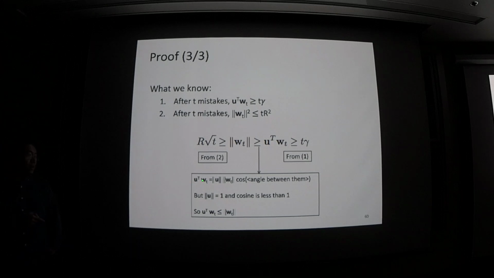Then u transpose w_t must be negative, and then it must be less than norm of u times norm of w, because this product is always positive. If the angle is less than 90 degrees, then this value is between 0 and 1, so still u transpose w_t will be less than or equal to this product.